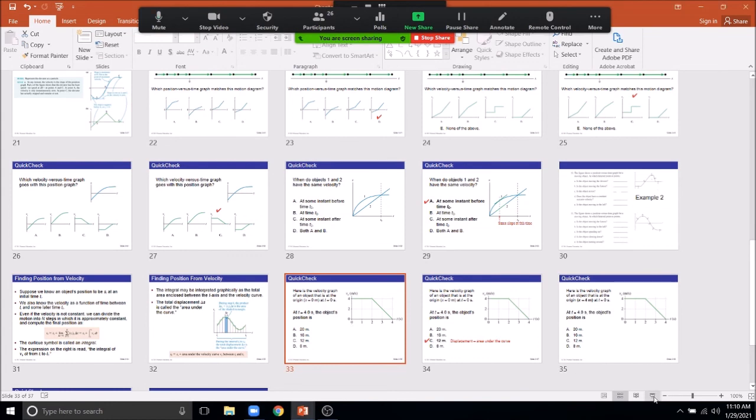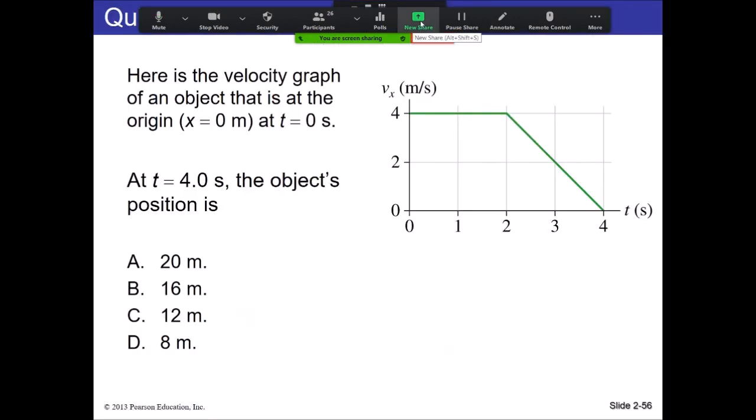All right, so here is a question for you. Here is the velocity graph of an object that is at the origin. So x equals 0, t equals 0. At 4 seconds, the object's position is what? So just to remind you, what you're going to do here is you're trying to determine the area bounded by the velocity graph.